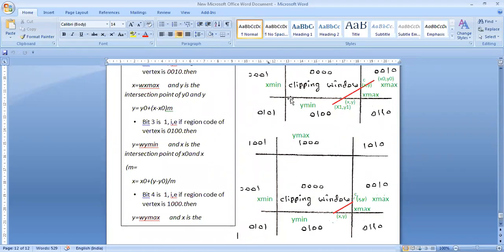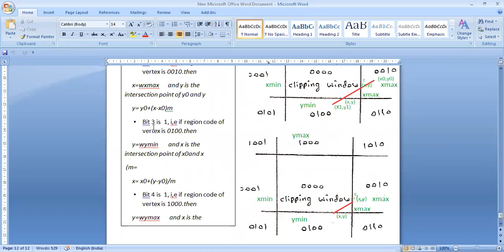This is the y min region. So this y1 I should bring to this point, so if this is x y, y is equal to y min. That is what they say.